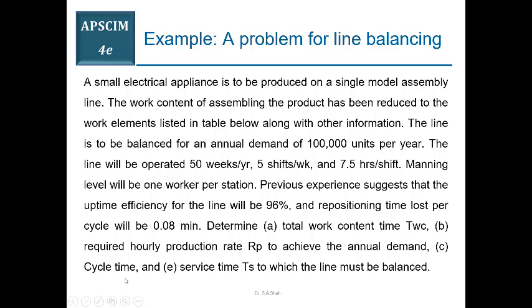So आपने साइकिल टाइम फाइंड करना है, फिर सर्विस टाइम TS आपने फाइंड करना होगा, क्योंकि TR की वैल्यू गिवन है, which is 0.08 minute. So first you will find TC and then you have to subtract that TR from the cycle time, and you will get the TS value.